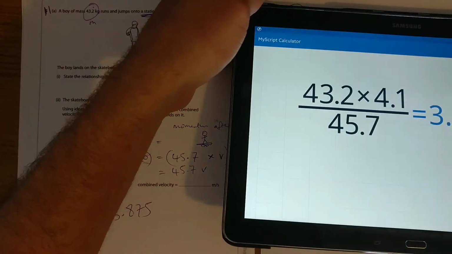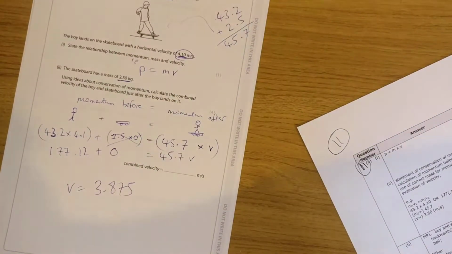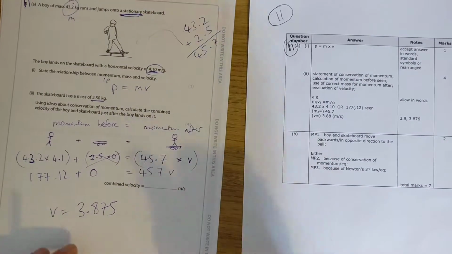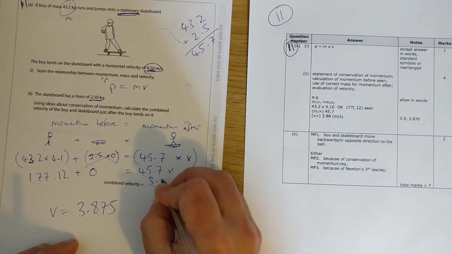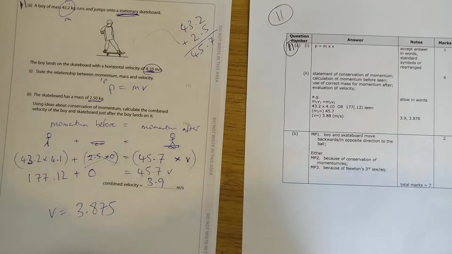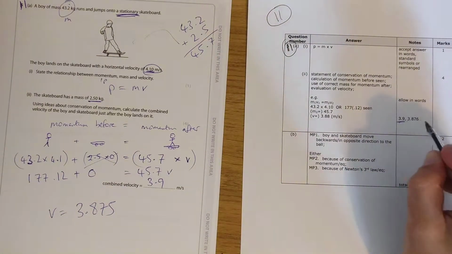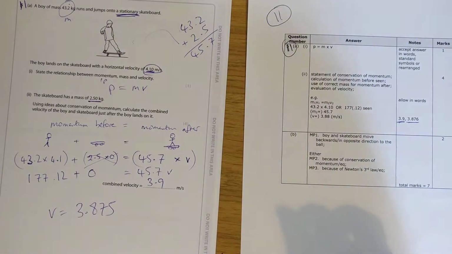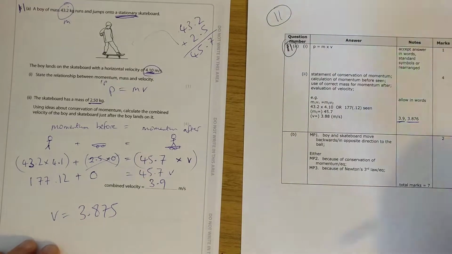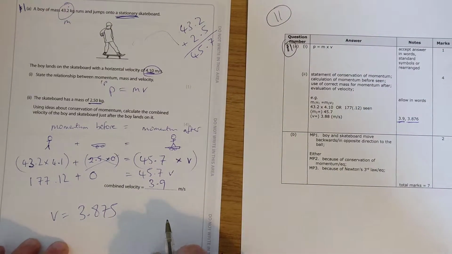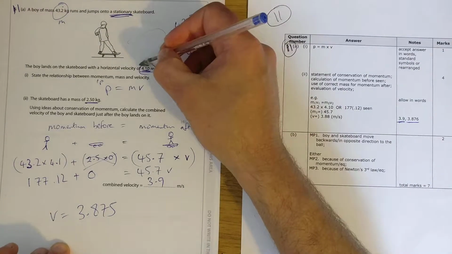So the combined velocity, I'm going to say, is 3.9 meters per second, roughly. Mark scheme says 3.9 is fine, 3.876 is fine, that's good. So that's the velocity, and it's a little bit lower than 4.1, which is what I expected.